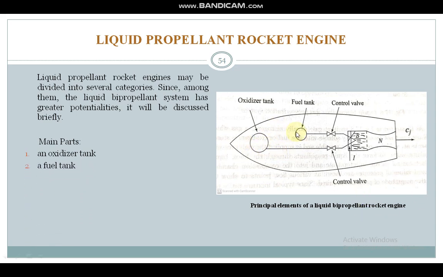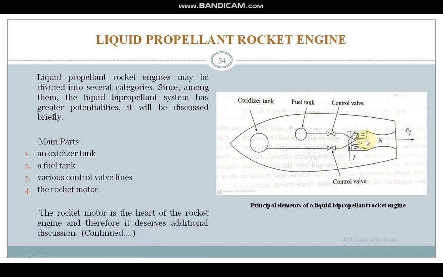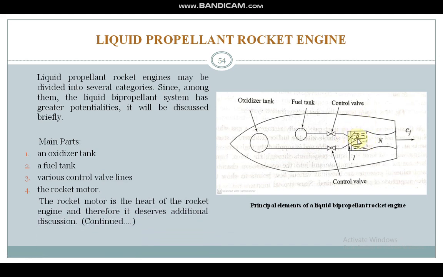The oxidizer and the fuel are fed by control valves to the rocket motor, which is the heart of the rocket engine. Through an injection plate they are inserted into the combustion chamber. Combustion takes place, and the high temperature, high pressure gas is expanded in the nozzle and an extremely high value of thrust is obtained.